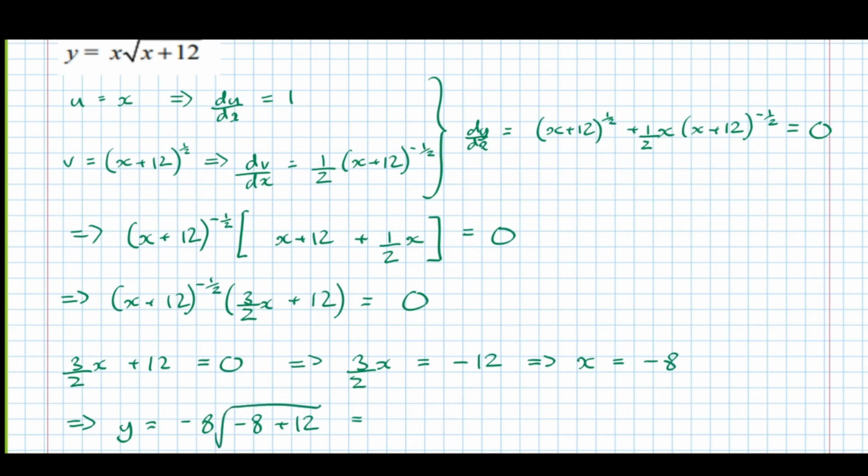So root 4 is 2, times minus 8, equals minus 16. Therefore, stationary point at, and it was minus 8, minus 16 is our answer.